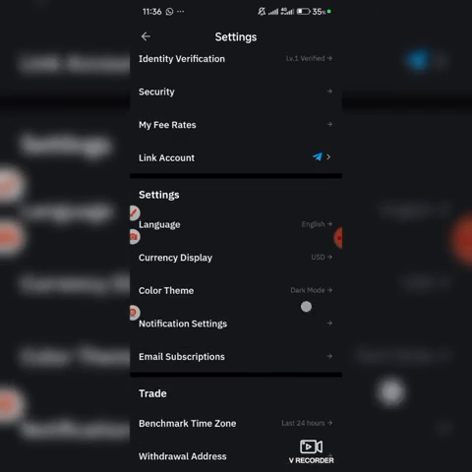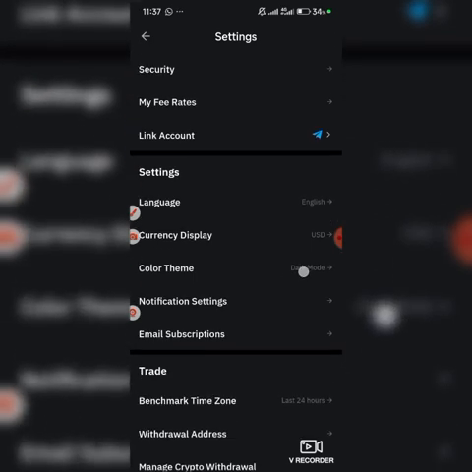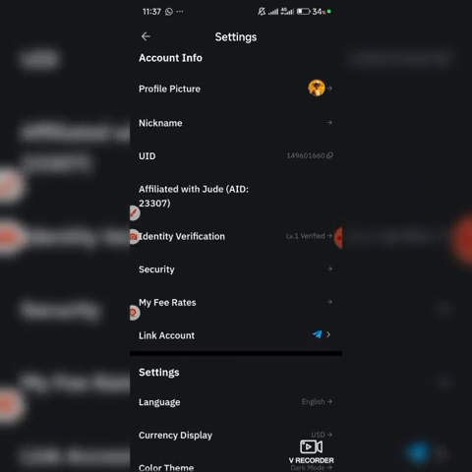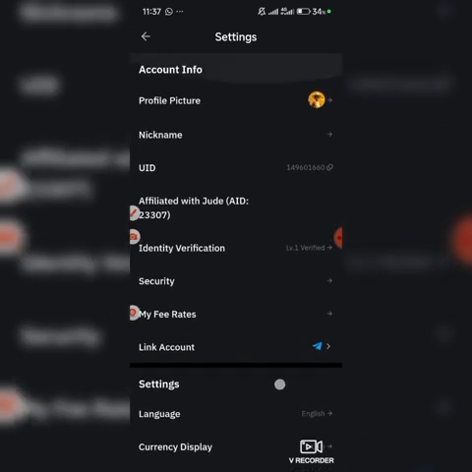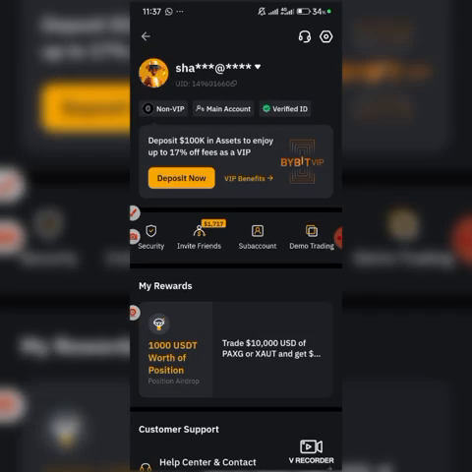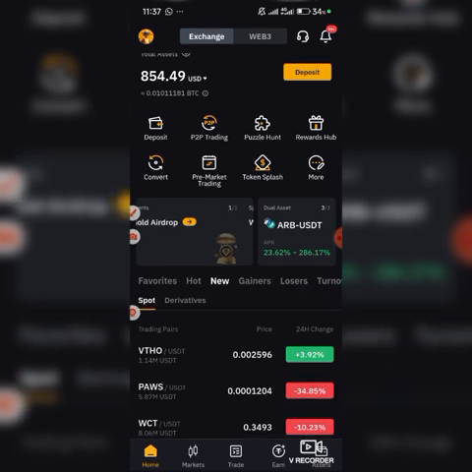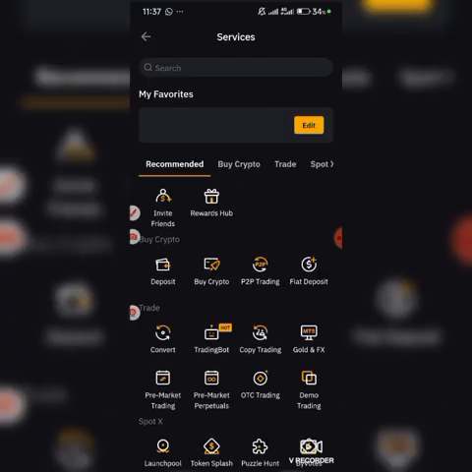If it is Binance, where I actually go to more, you see the API there. So no problem, I'll find that here because it's always very easy on the desktop.